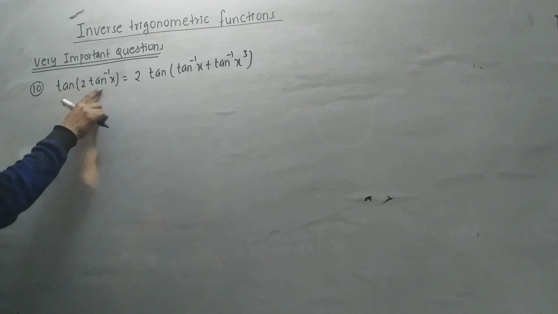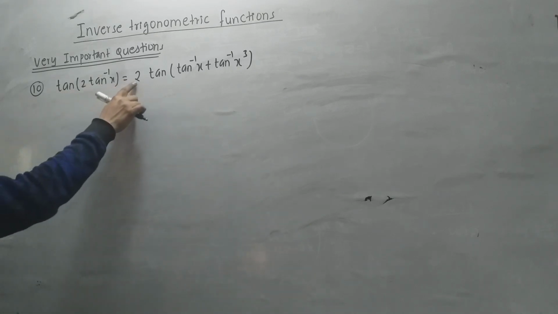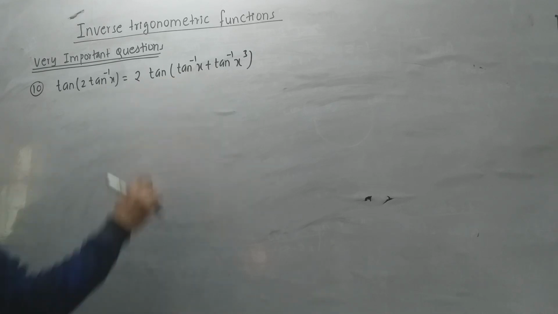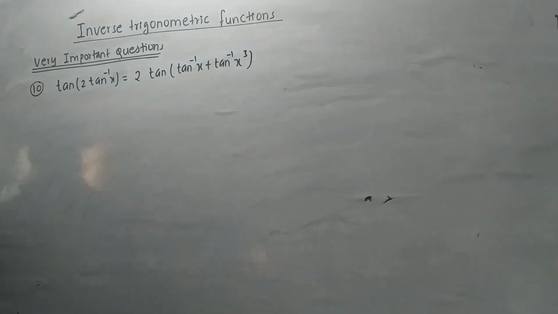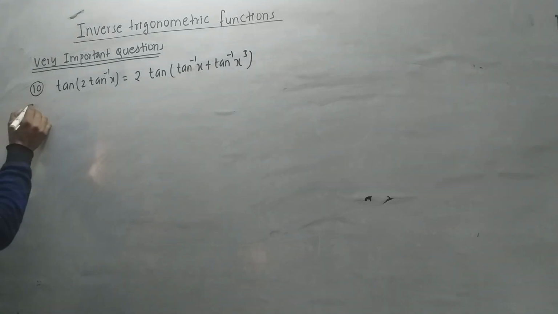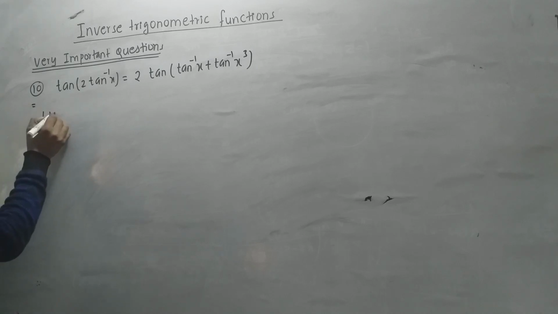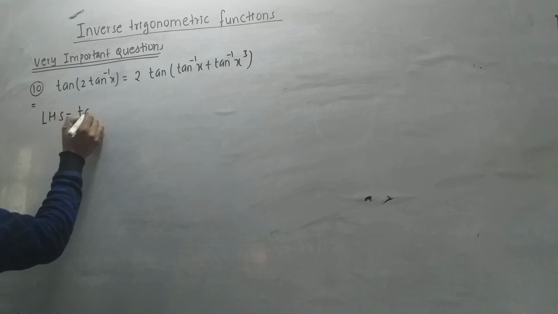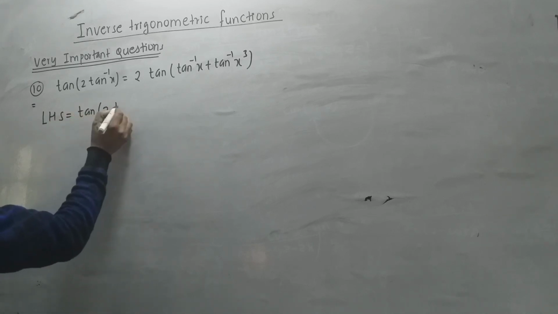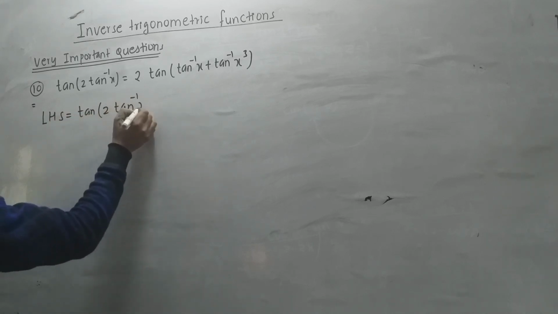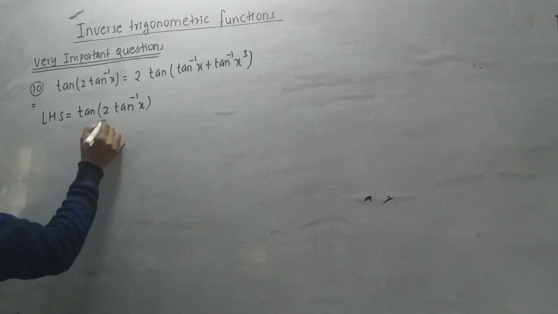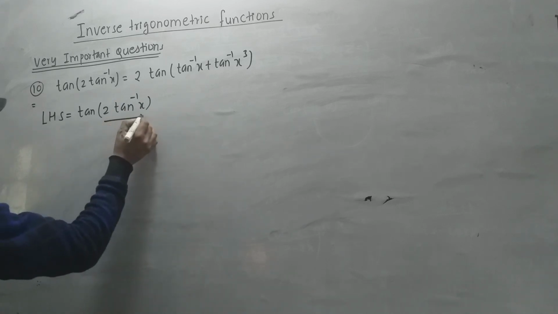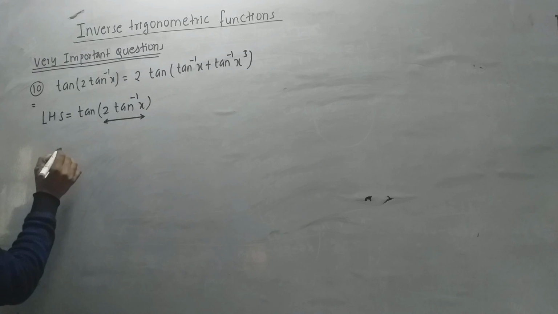Tan 2 tan inverse x equals 2 tan inverse x plus tan inverse x cube. So first let me simplify the left hand side. What our left hand side contains here is tan 2 tan inverse x. Now in the formula section we have already discussed the formula for 2 tan inverse x.